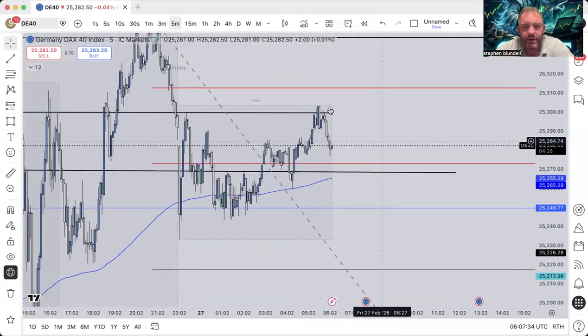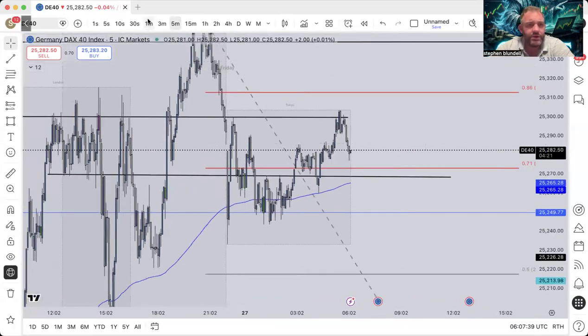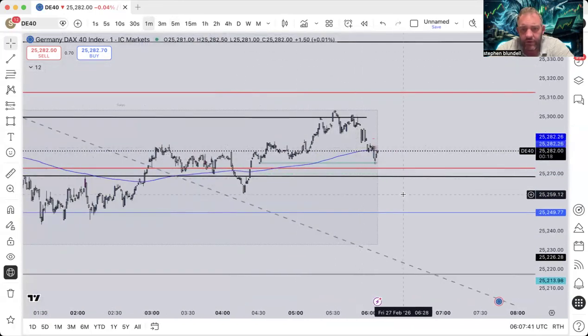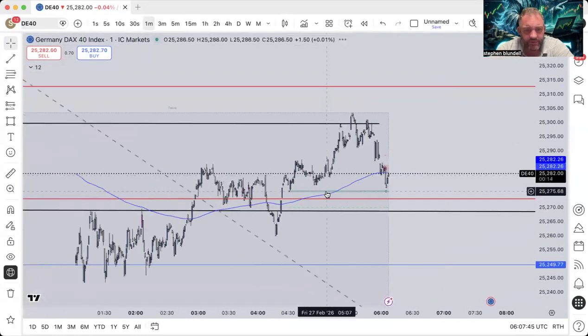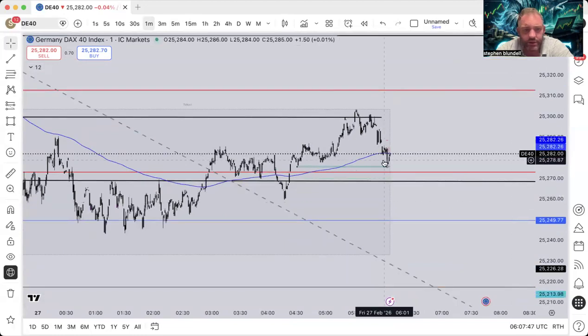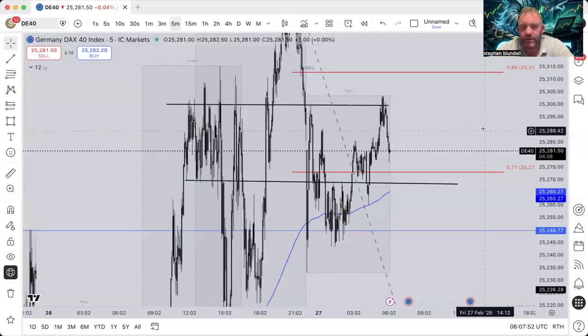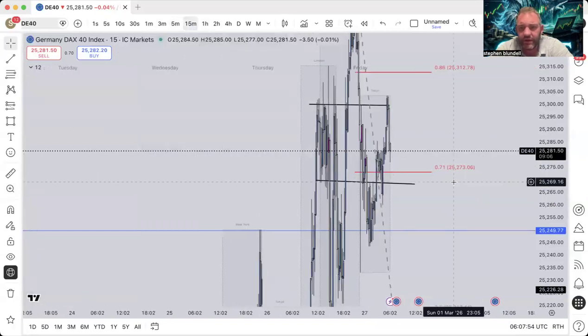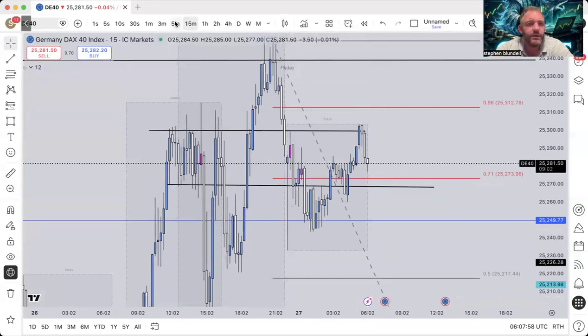Okay, so we have nothing, no order blocks on the Asia on the five. Right, so we're now tapping into a buy, which obviously is the wrong direction. But five, what was there? Anything on the 15? No, no order blocks there.